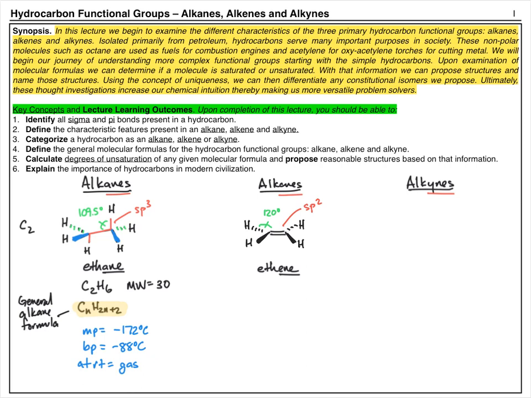So now if we count, we still have 2 carbons. Now we've reduced the number of hydrogens, so we have 4. So we can look at the molecular weight of ethane was 30. We're taking away 2 hydrogens, so the molecular weight of ethene is 28. The general alkene formula is CnH2n.